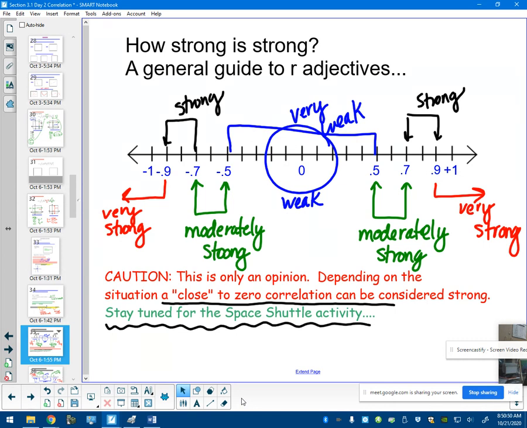Remember, they put out this big search for a civilian to come take off in the space shuttle with all the astronauts. And a lady named Christa McAuliffe, who was a science teacher, won.